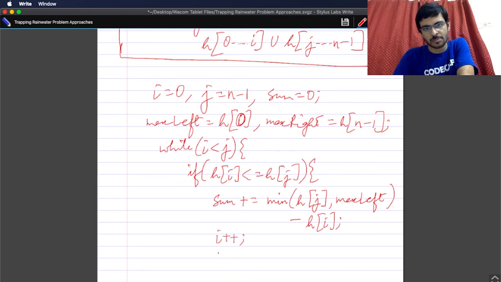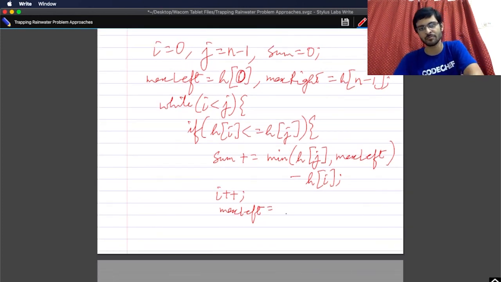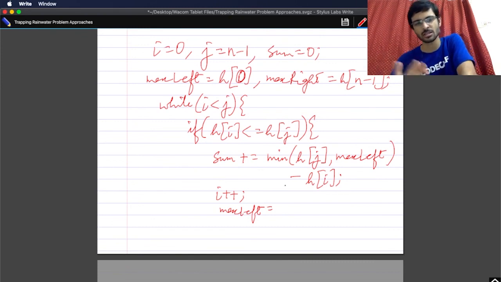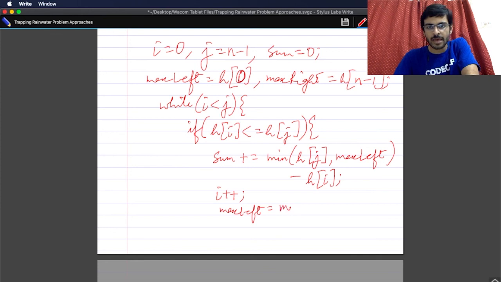When we have done i plus plus, max left now is going to be... why have I done i plus plus? Because hi is less than equal to hj. Hj will contain the maximum, whether it is equal or the other one is lesser. Max left is going to be equal to the max of max left comma hi. Makes sense?